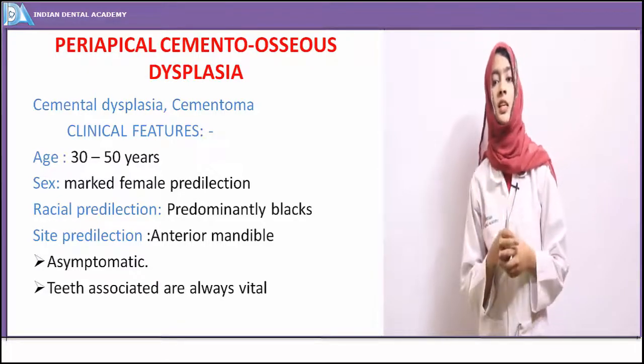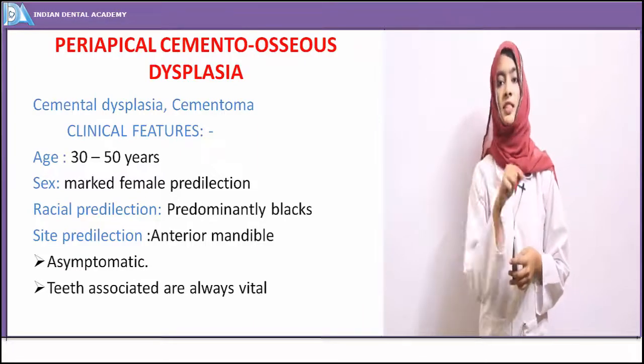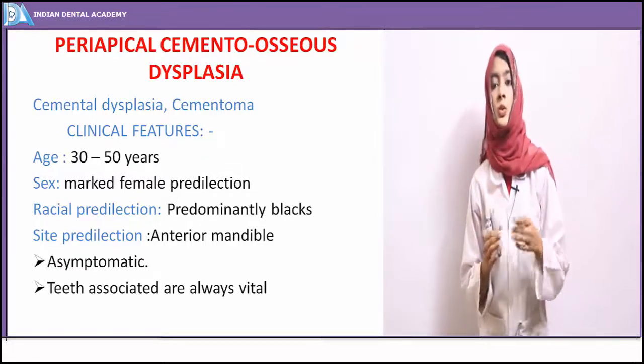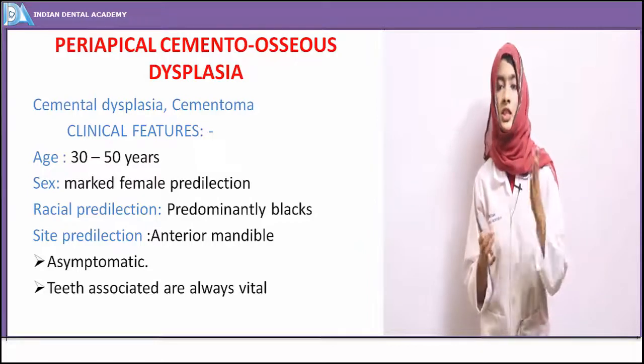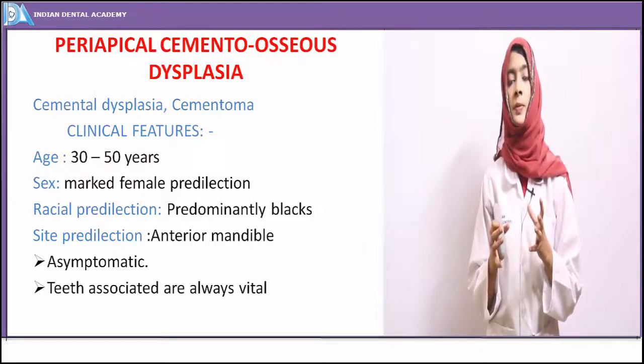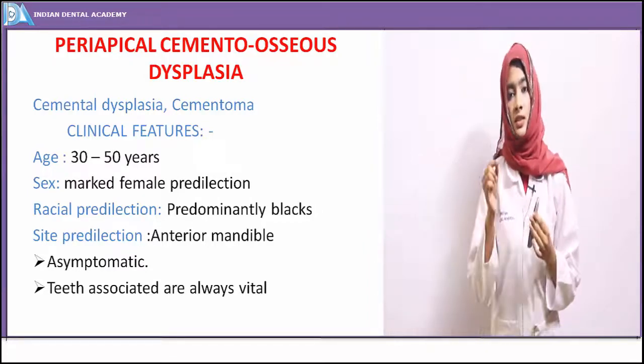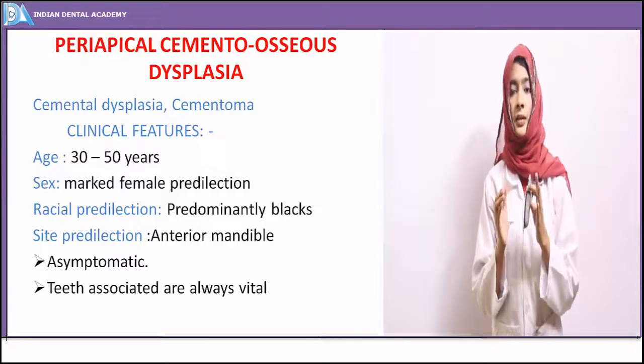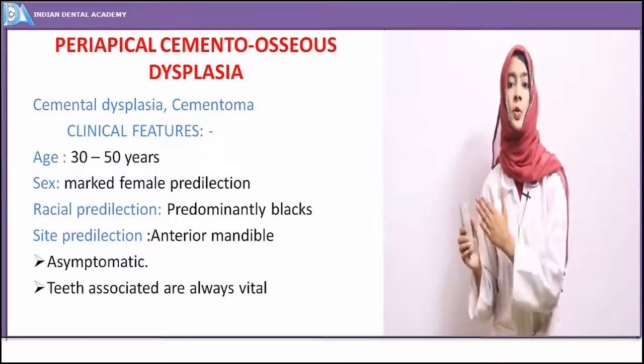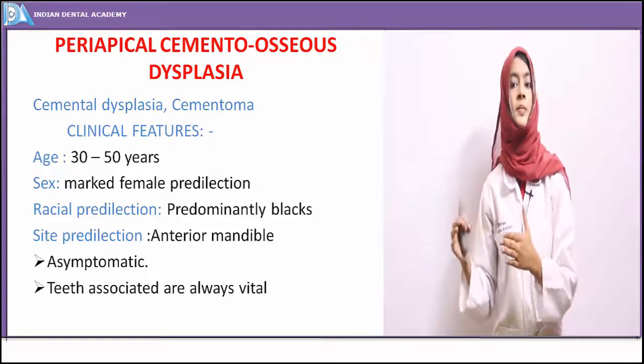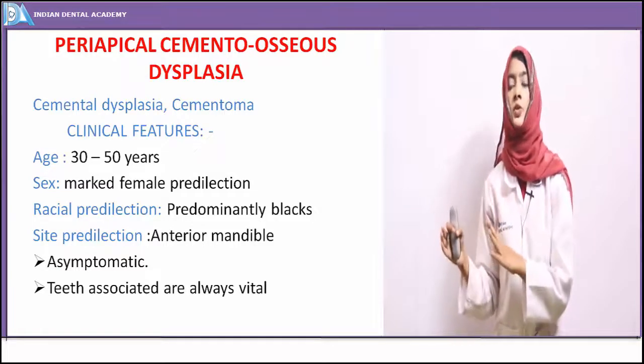The periapical regions show a well circumscribed radiolucency. Radiologically, initially when the lesion just begins to appear, you see a unilocular circumscribed radiolucency. As the disease progresses, it becomes mixed radio-opaque radiolucent.